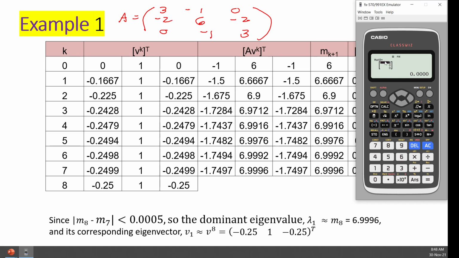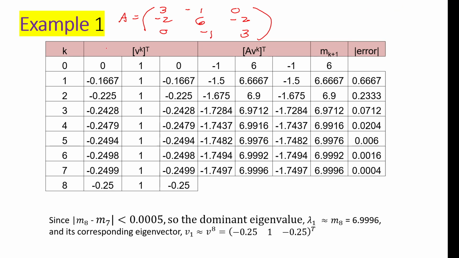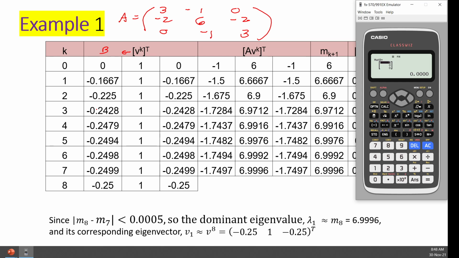It gives you matrix B. This means A is input as A, and here it is input as B in your calculator. So input the vector V as B: 0, 1, 0.